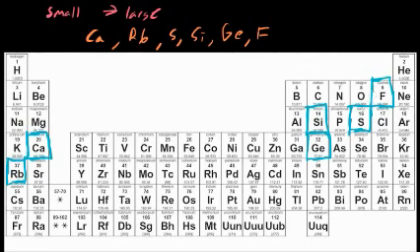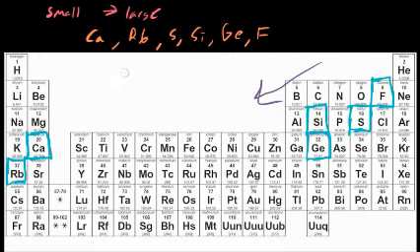You can see the periodic table has almost done all the work for us. All we have to do is write down the order we see them in. Going from small to large, we write down the order as we go across the table, from top right to bottom left.